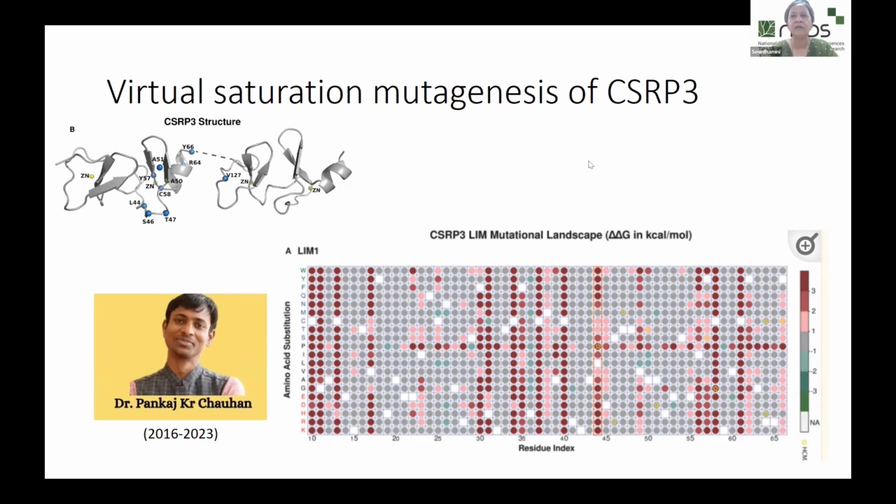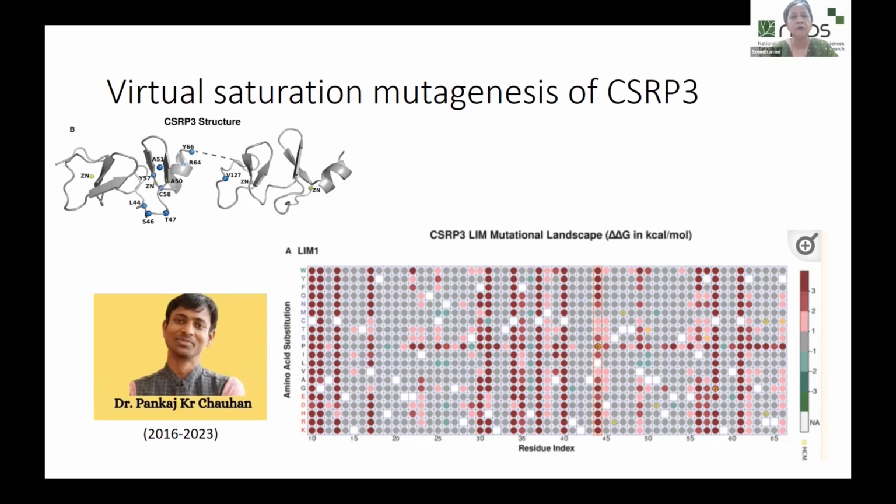And not only that, he went a step ahead and made some very imaginative studies, which is he decided to perform a virtual saturation mutagenesis, where at every alignment position, he would mutate that residue virtually to all other 19 amino acids except 7.